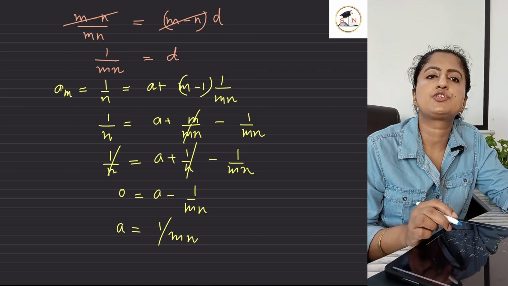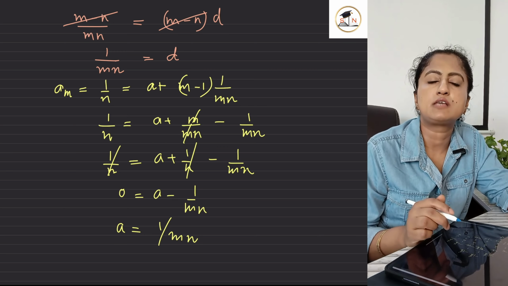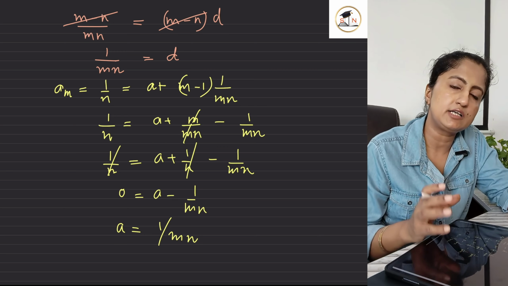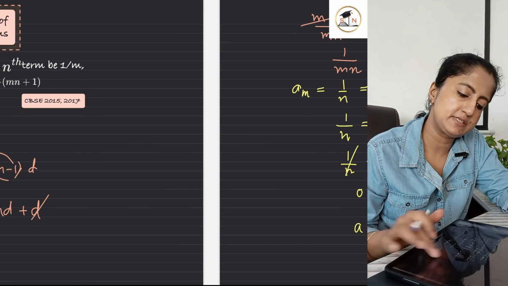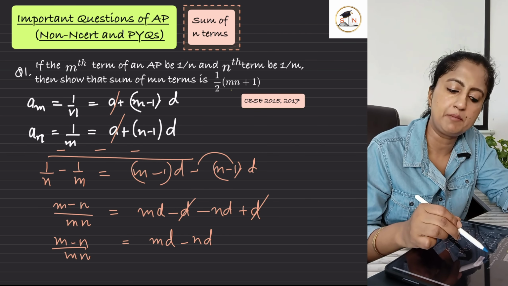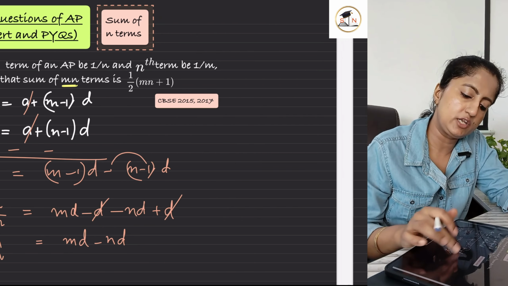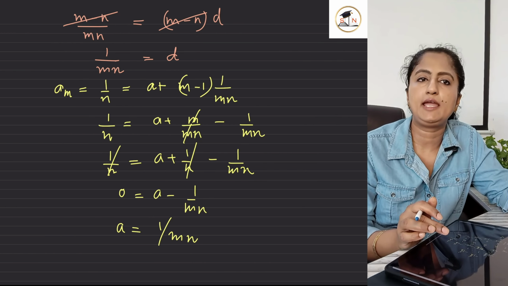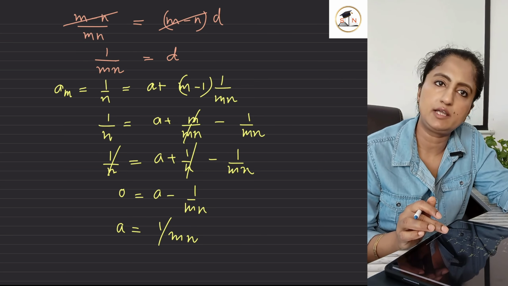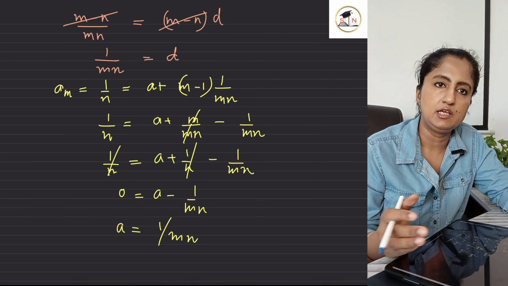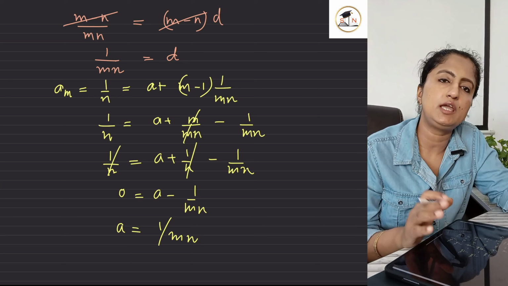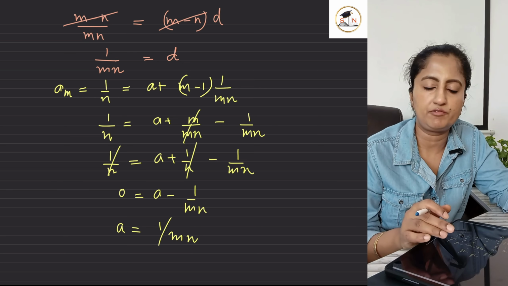Now, in the question, they had asked the value of sum of mn terms. They had asked to prove it equals half times mn plus 1. It was sum of mn terms. So let's continue with that. Now we have got a and d. We have got the value of the number of terms as mn. So we are going to substitute everything in the final relation of sum of terms.